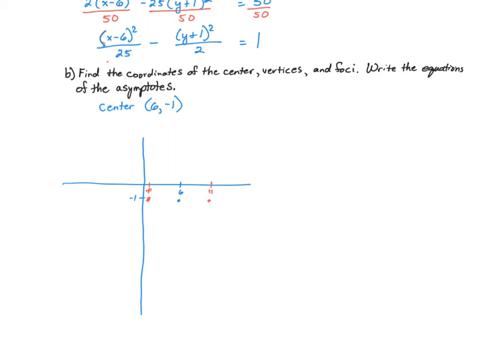I'm just going to erase that. That's just a little bit too unreadable here. So my hyperbola, I know, is going to open this direction. Just helps me think it through. So let's write our vertices.